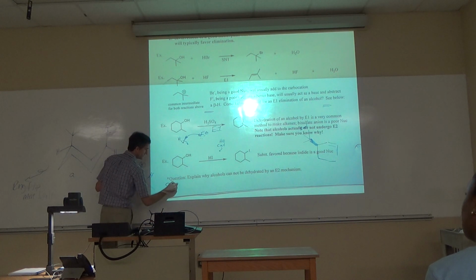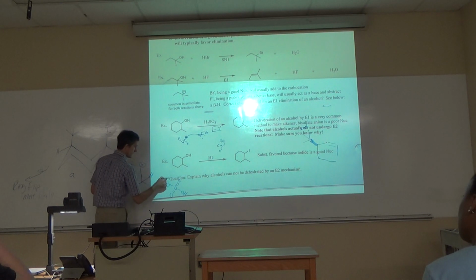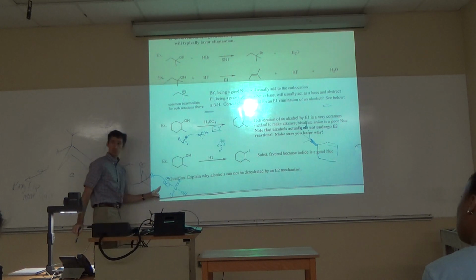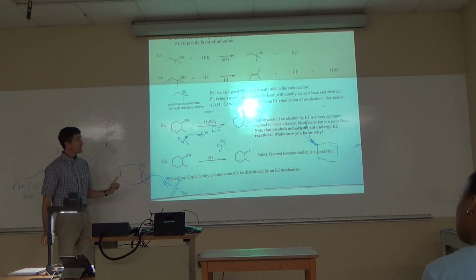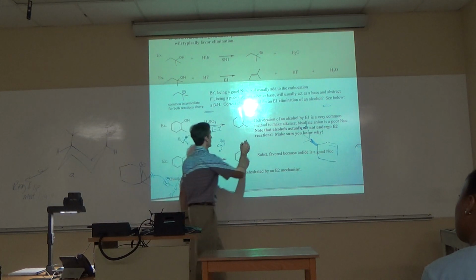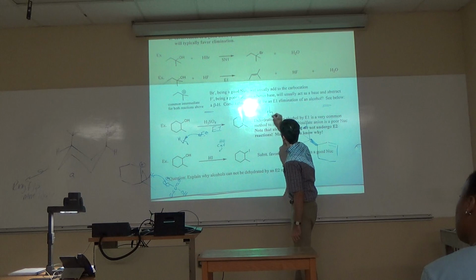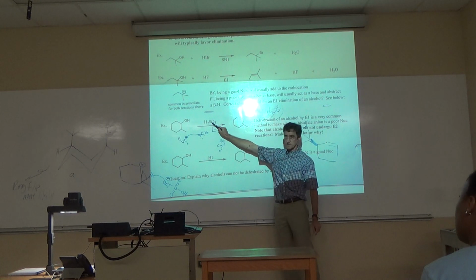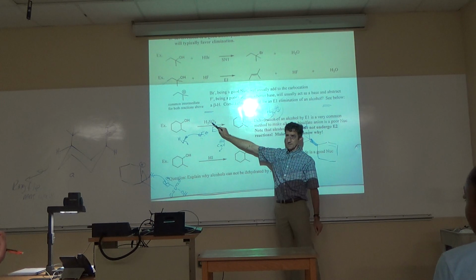Well, I would use the anion. Take the H and move the electrons in, put the double bond in. Or you could use water. If you use water, you're going to form what? H3O plus. But guess what? That's what that is. How does this exist in water?